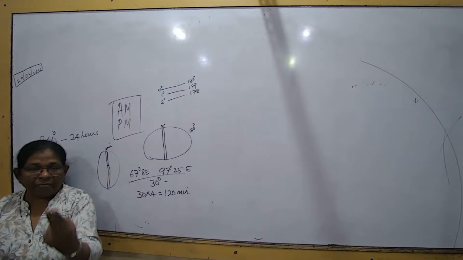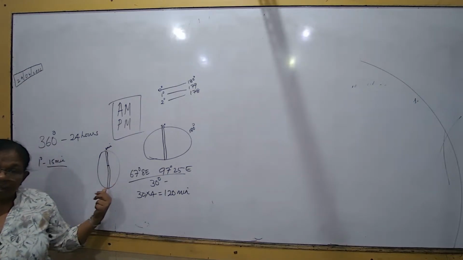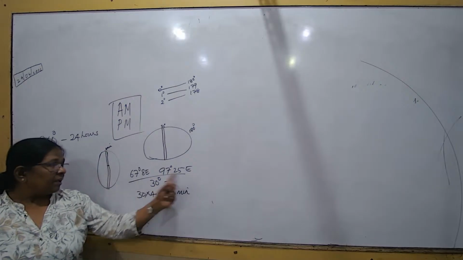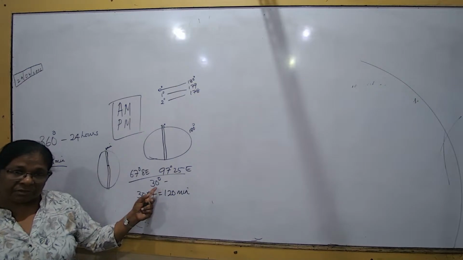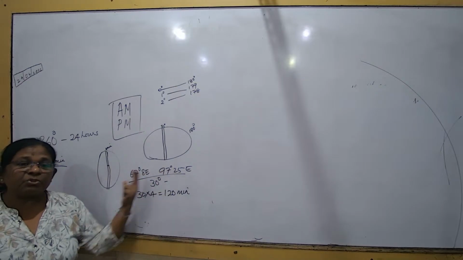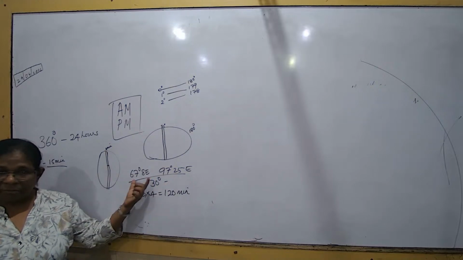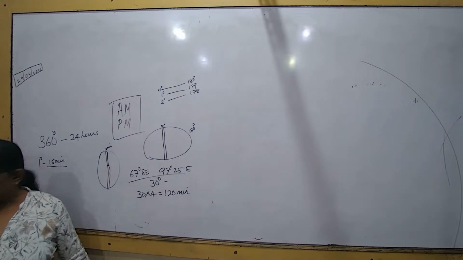So we have taken a standard time, IST. India has a difference of about 30 degrees from west to east, from Gujarat to Arunachal Pradesh.